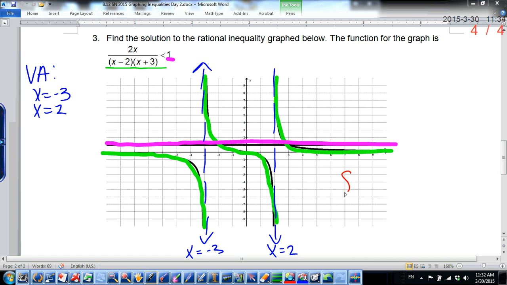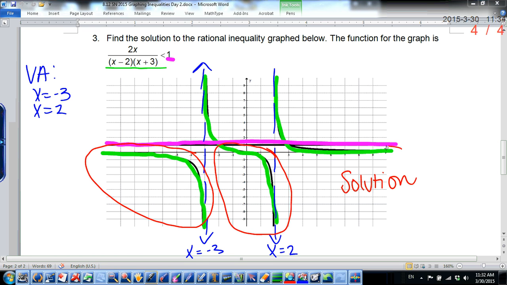So for our solution, how many pieces are we going to have? Three pieces. This bottom left piece, this middle piece, and then that piece. Everyone okay with that? All right, so negative infinity to our asymptote at -3 with a parentheses. Union. Okay, almost, but since this is just a less than sign, not a less than or equal to, we're still going to use a parentheses.